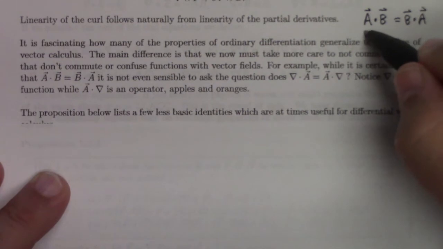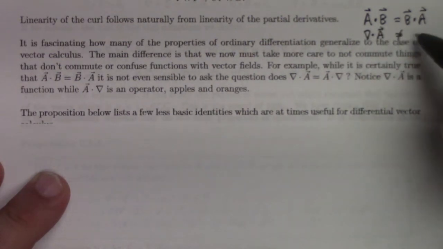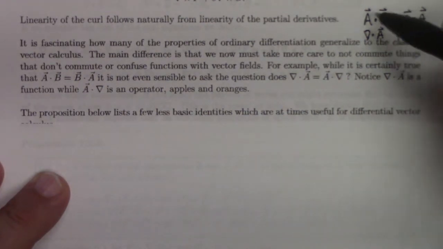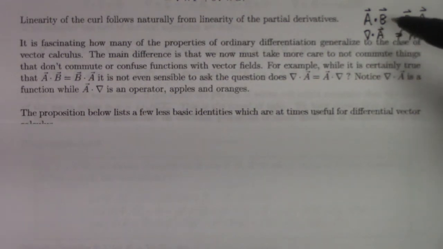However, the divergence of the vector field A is not equal to A dot del. It can't be. Because on the left-hand side, we have a function, right? It's like the x component of A with respect to x plus the y component of A partial differentiated with respect to y plus the z component of A partial differentiated with respect to z summed together.